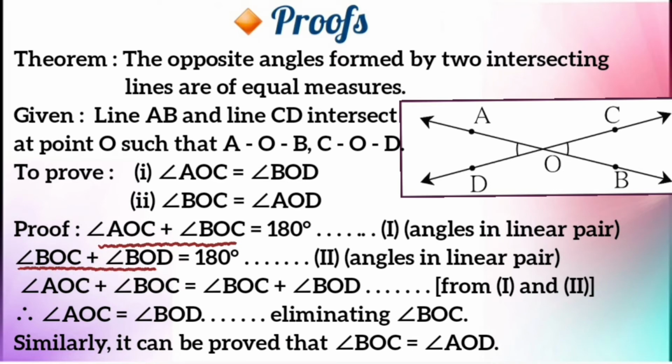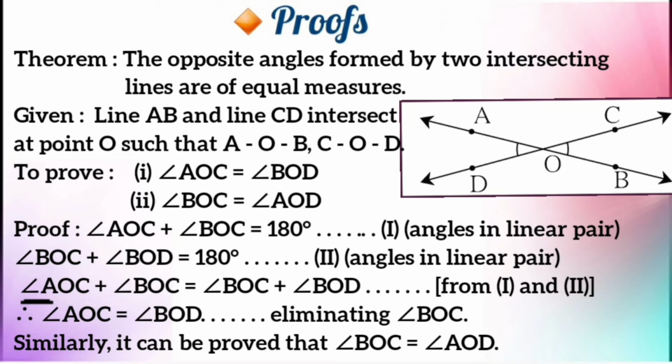So if the addition of both these pairs of angles is equal to 180 degrees, that means both of them are also equal to each other. Therefore, from statements 1 and 2, we write angle AOC plus angle BOC is equal to angle BOC plus angle BOD. Here, angle BOC is present on both sides.